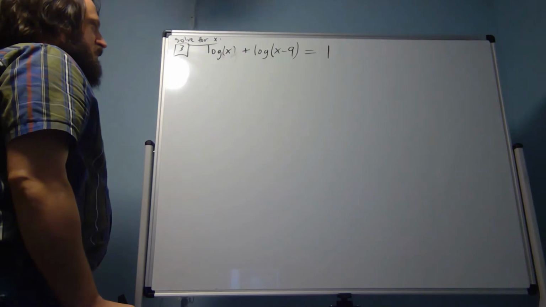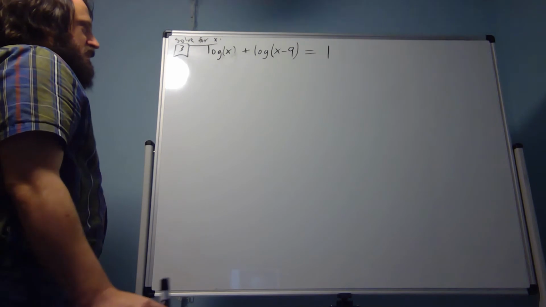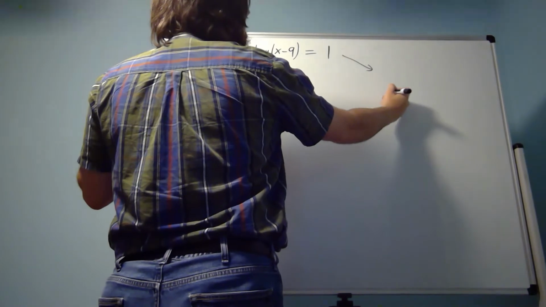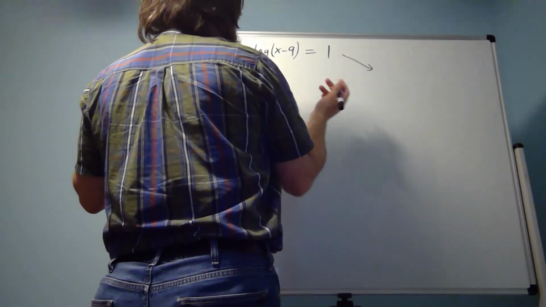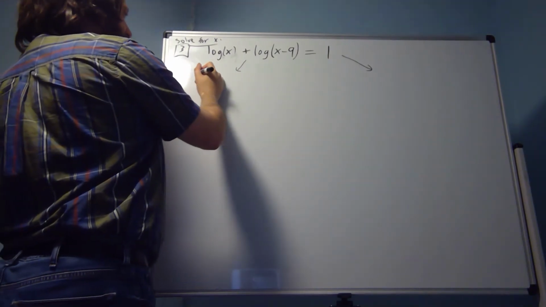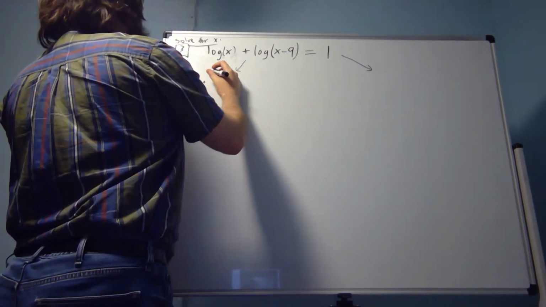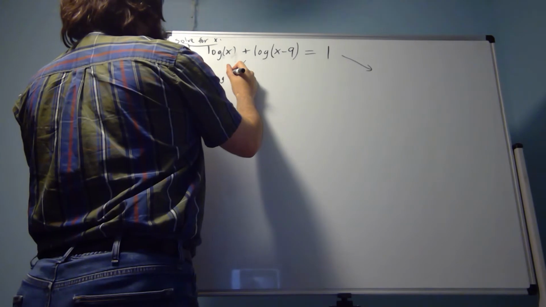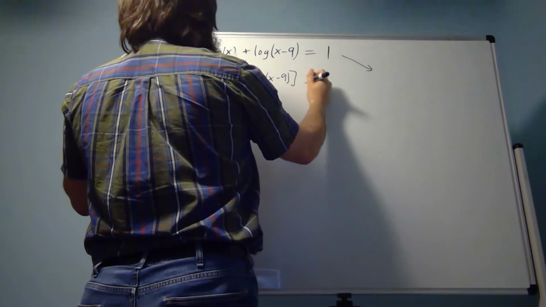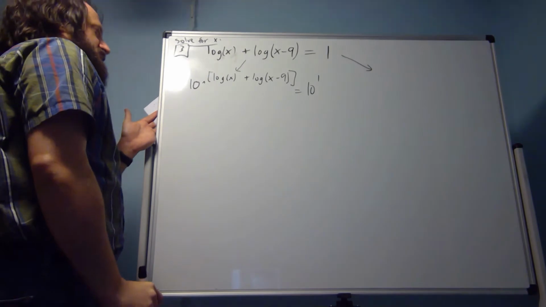Okay, so there are a couple ways you could do this. It depends, there's 2 ways you could go about it. I'm going to go solution 1, solution 2, but eventually they're both going to have exactly the same thing at step 3 or something like that. So if I don't like logarithms very much, if I just want to get rid of the logarithms, then I just say 10 to the... Every time that you do something with a log identity, you could have done the same thing with an exponential identity.